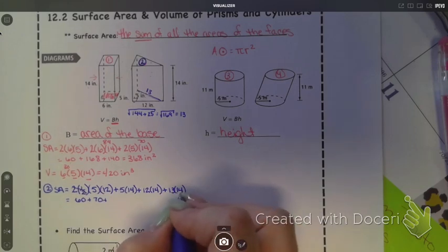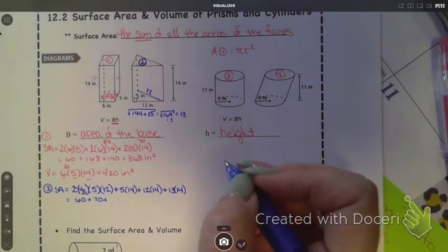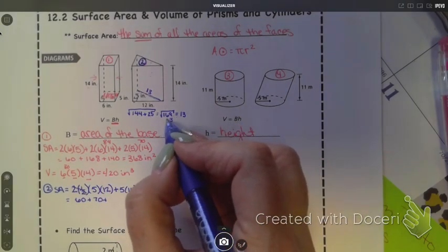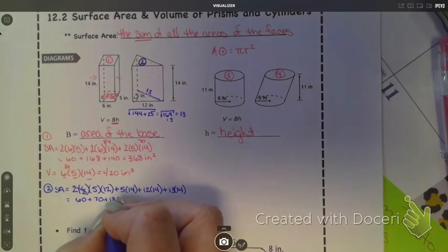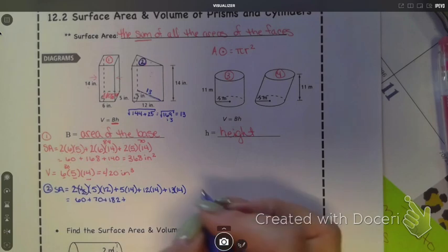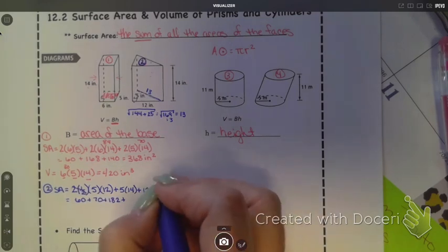Okay, so 13 squared is 169, correct? So times another 13, so I just add a 13 to that. So that'd be 182. And I know 12 squared is 144, right? 168.